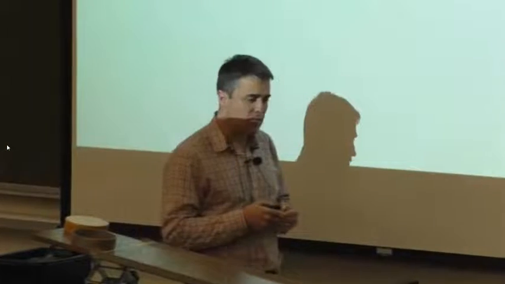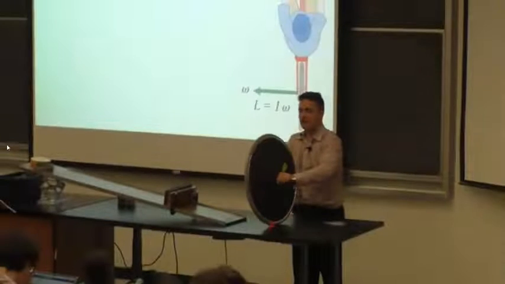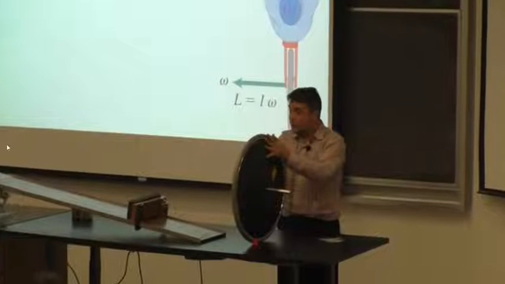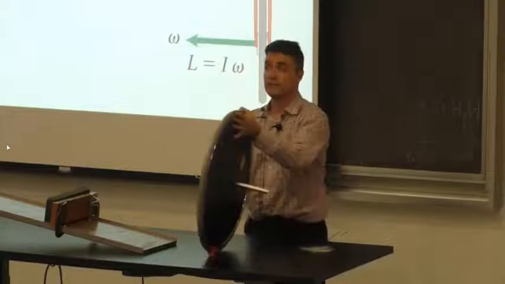Okay. So we talked about the stability of rotating objects. The basic idea there is that if something doesn't have any rotational momentum to it, then a little torque by gravity is enough to tilt it.